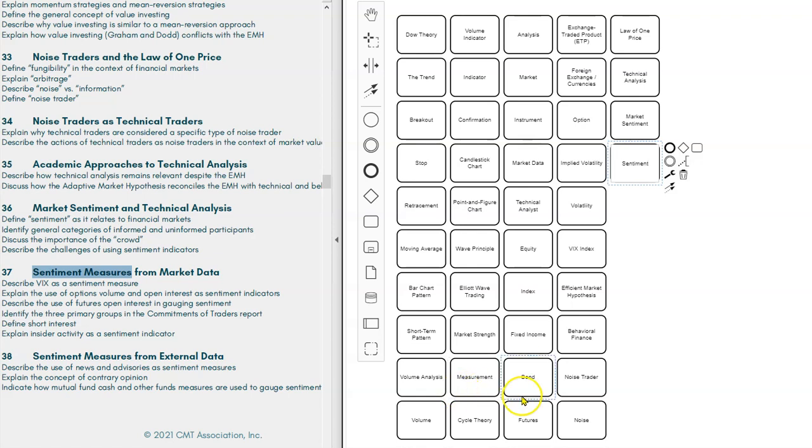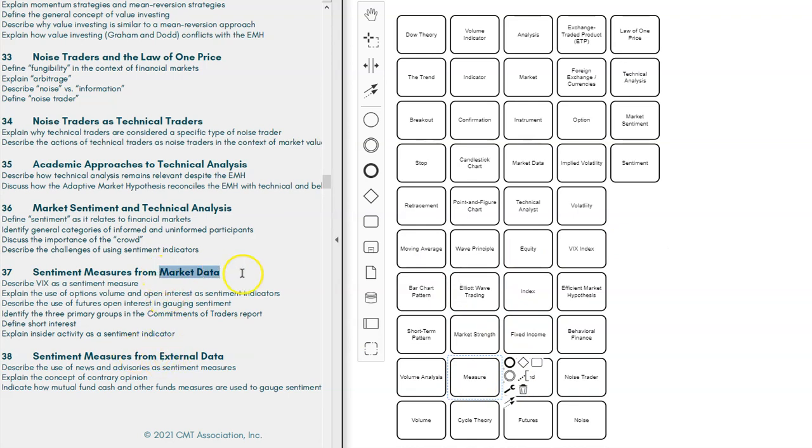Now we did have measure down here, measurement. Let's get rid of measurement and just say it's a measure. It's all kinds of measures. Sentiment measures, market strength measures, moving average measures. So the word measure.